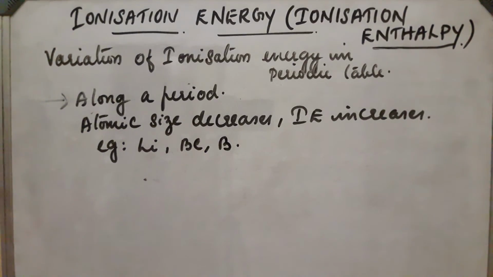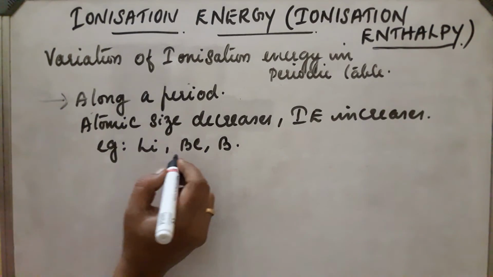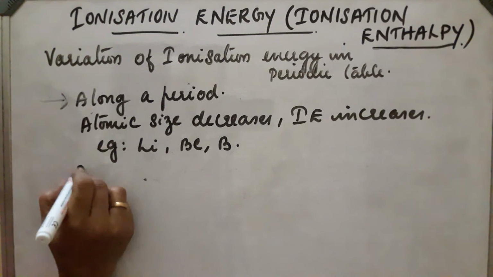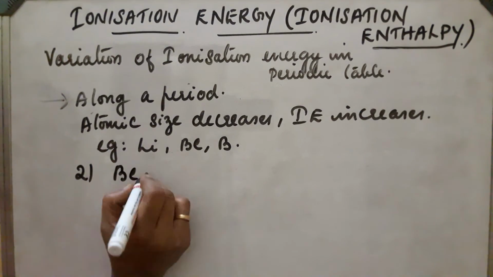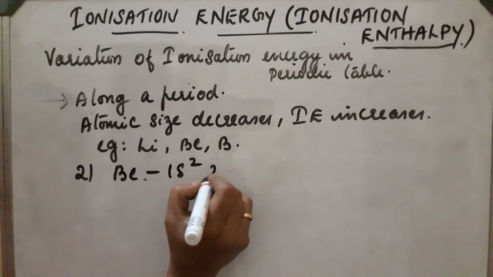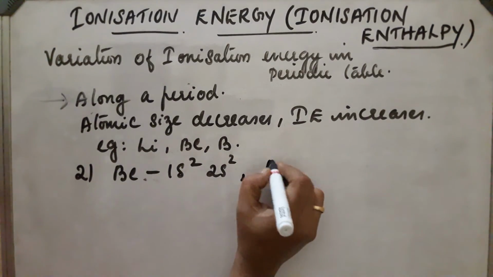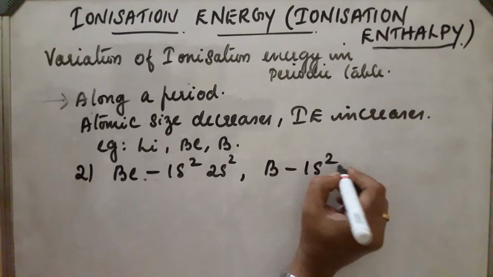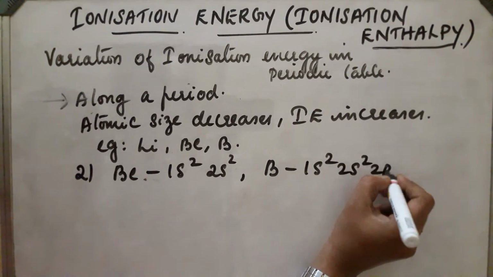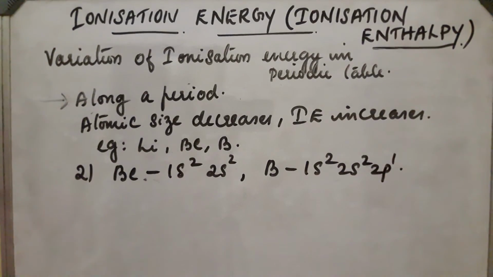But there is a variation in the case of beryllium and boron. Beryllium has the electronic configuration 1s2 2s2, a stable electronic configuration. Boron is 1s2 2s2 2p1. So beryllium has more ionization energy than boron, and there is a variation in the graph.